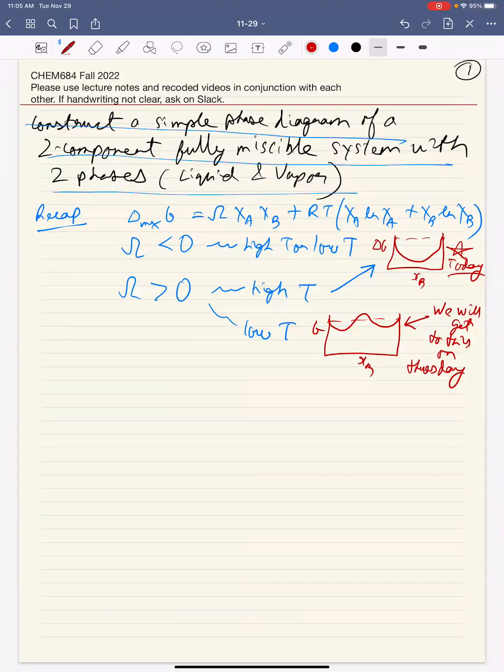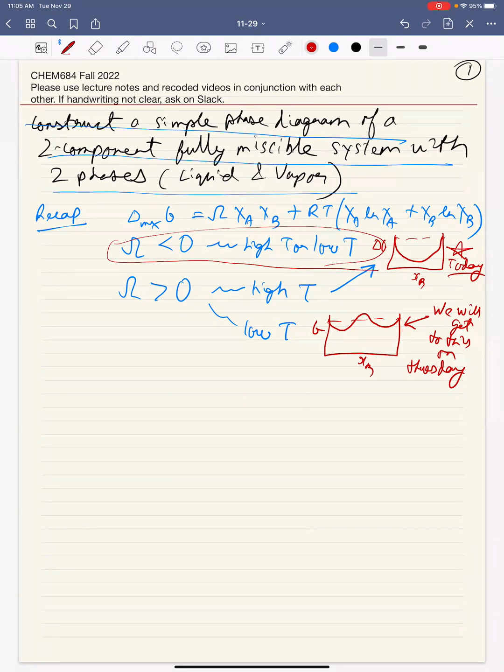With this understanding, today we are thinking about the case where it's a fully mixable system, which can be modeled using a regular solution with omega less than 0. So I want to emphasize something here. Regular solution is a model. Fully mixable is something else, right? Regular solution is one way to model a fully mixable system. There could be other ways too.